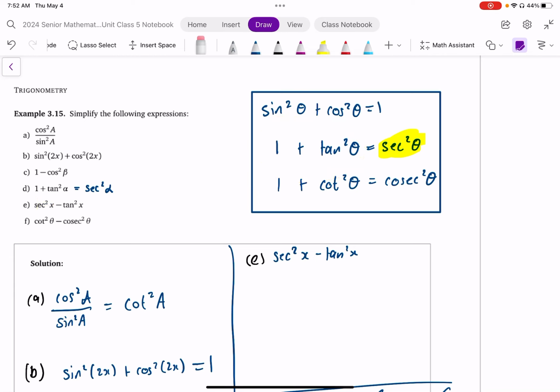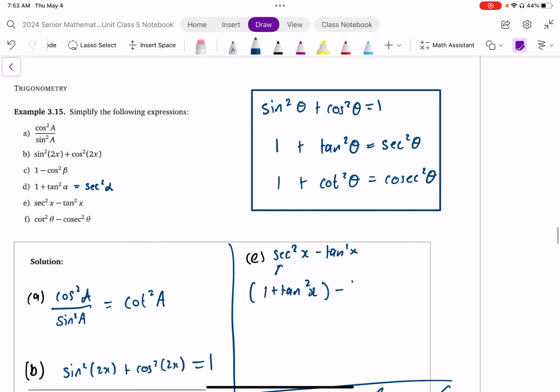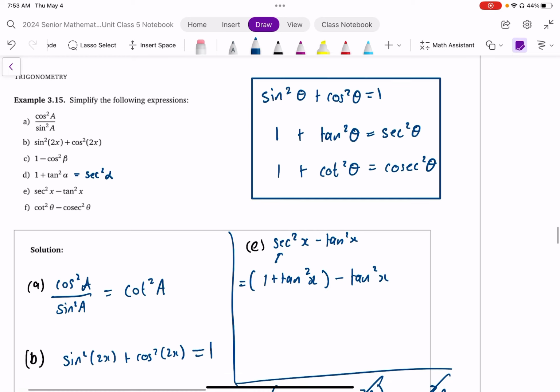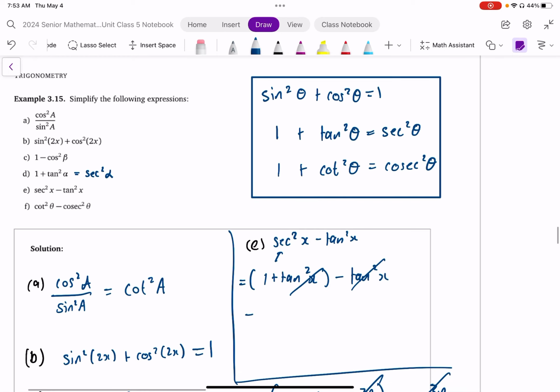So let's do that and see where it takes us. So I'm replacing the sec squared, this one here, with 1 plus tan squared x, because the angles were x's, minus tan squared x. Collect like terms and you'll see that the tan squareds will cancel, leaving simply 1.